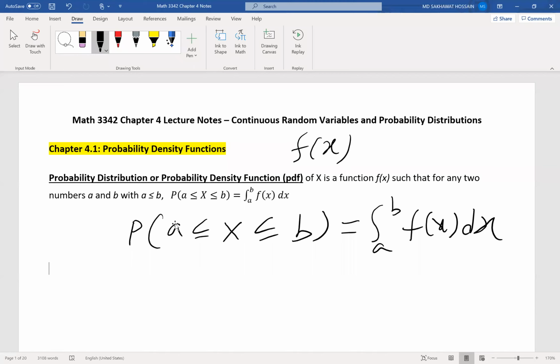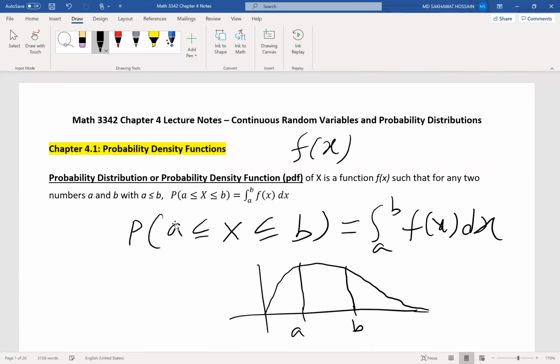So what does it mean actually? We are finding the area under the density curve between A and B. So that is the probability. For example, if the density curve of f of x is like this, and suppose A is a number here and B is another number, then the probability between A and B is the area under this curve between A and B. And how do we calculate this area?